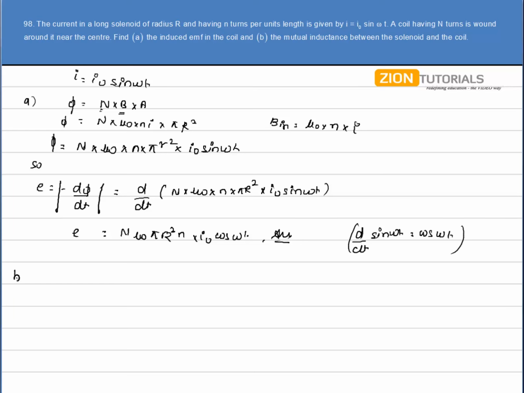In the second part, we had to calculate the mutual inductance. We know mutual inductance is given by M = E / (di/dt), again taking just the magnitude.